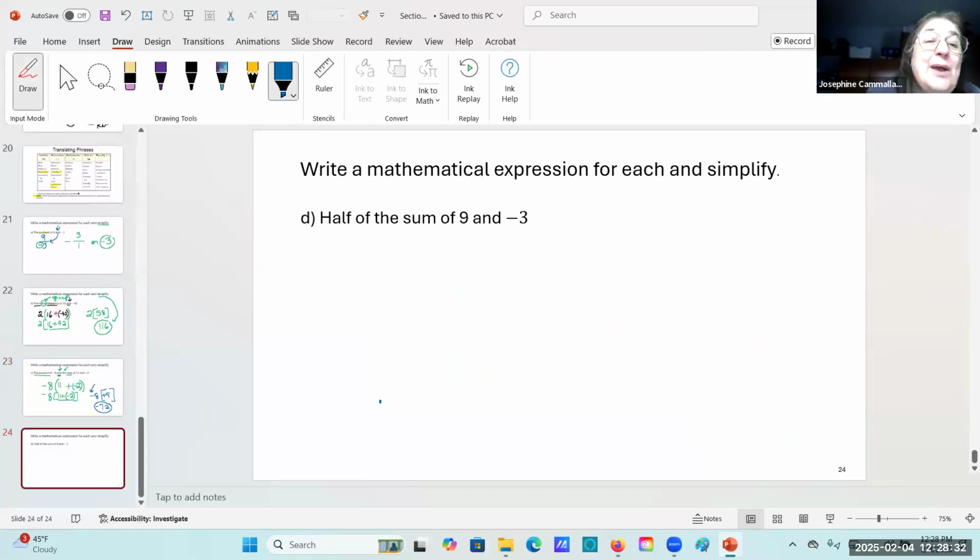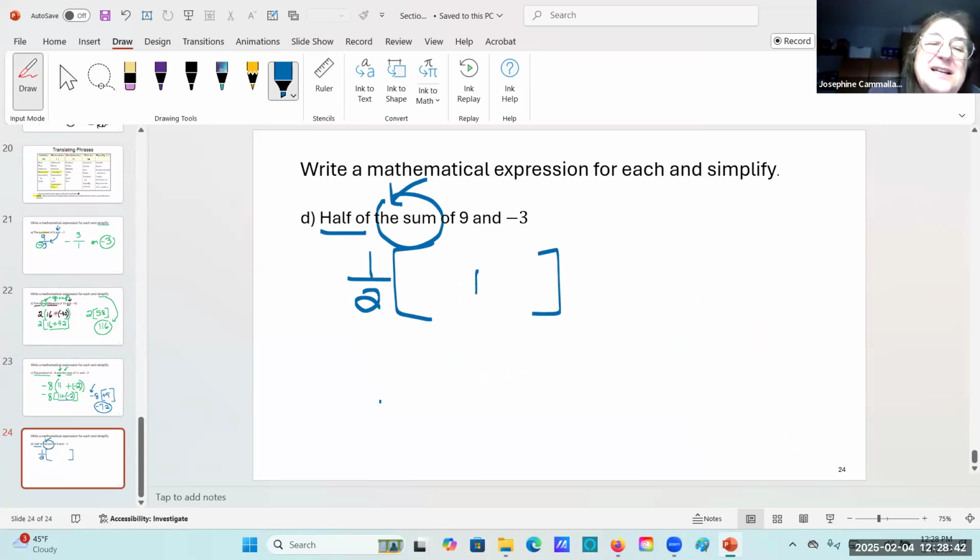And my last slide, half of the sum. Half of the sum of 9 and negative 3. Notice that little word of means multiply, but then I have the.